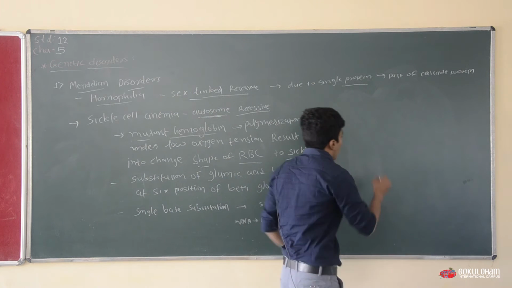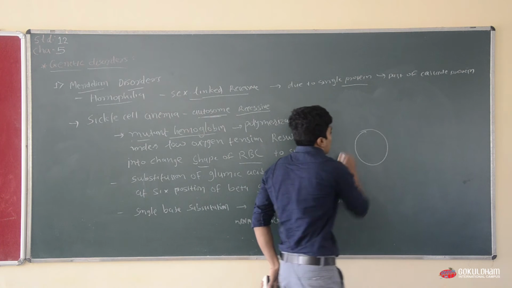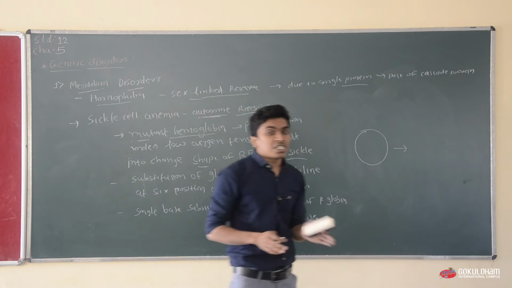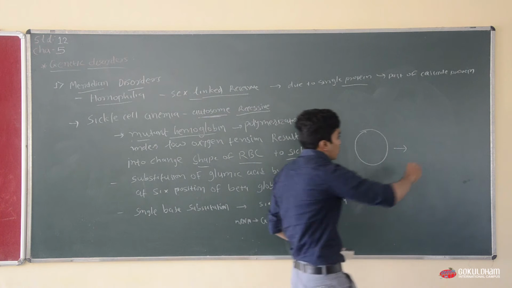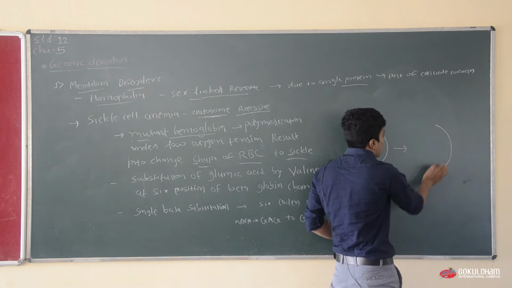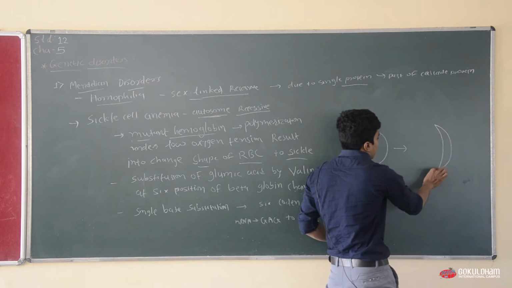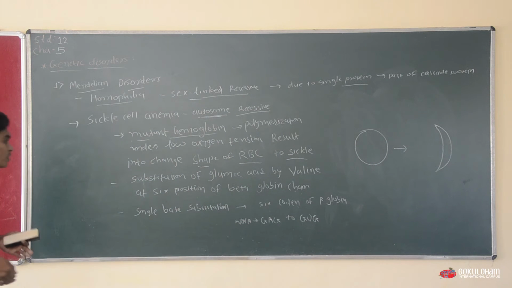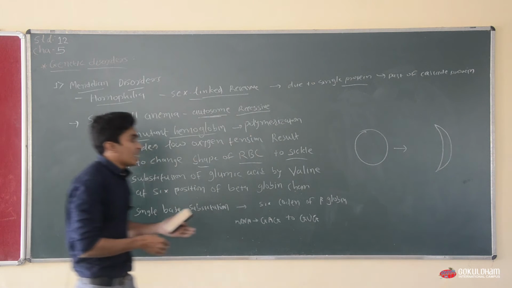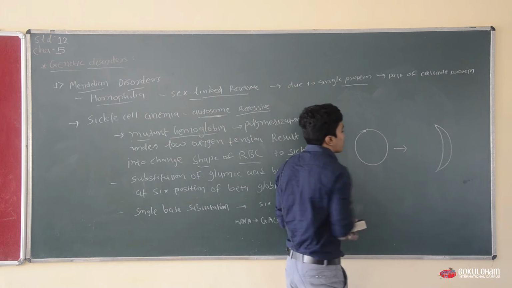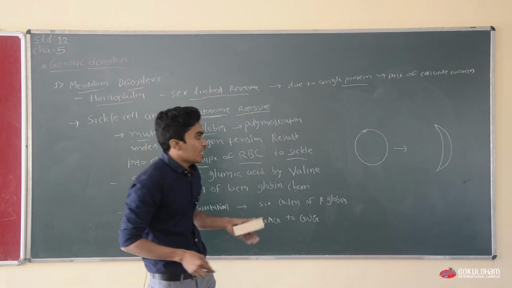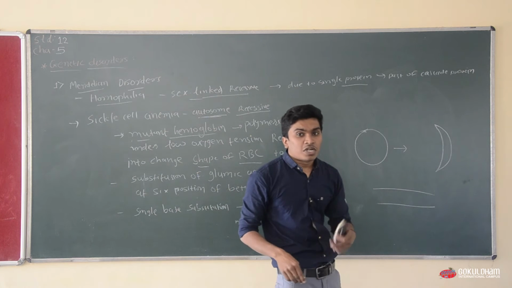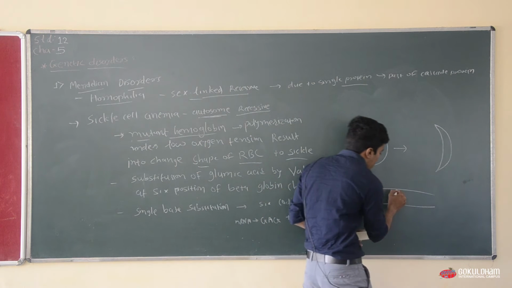The normal RBC have a spherical structure, whereas in a person having sickle cell anemia, the RBC change their shape to the sickle shape, which has low oxygen carrying capacity, and it will produce certain effects in blood transportation or blood circulation.